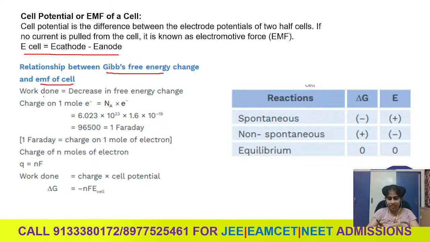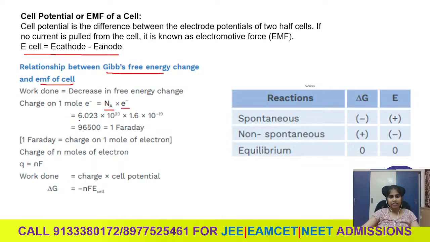Whenever a work is done, there will be no free energy left. It means if free energy is there, there will be no work done. If work is done, the free energy will be decreased. So work done is equal to the decrease in the free energy. Charge on 1 mole of electrons is Avogadro number times the electron charge.